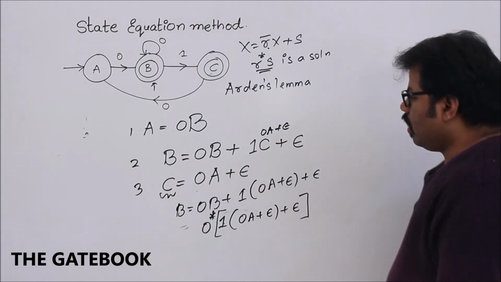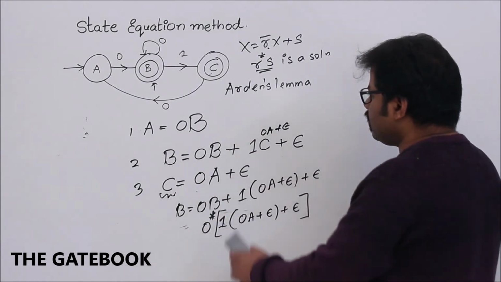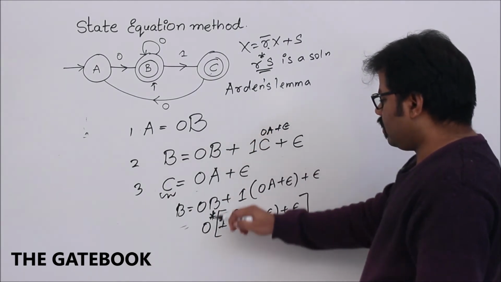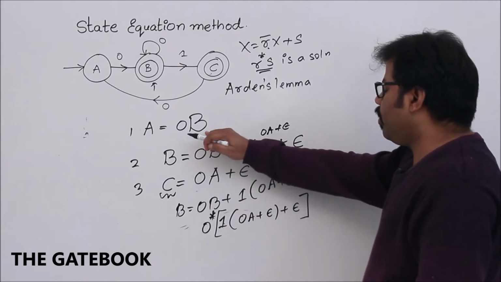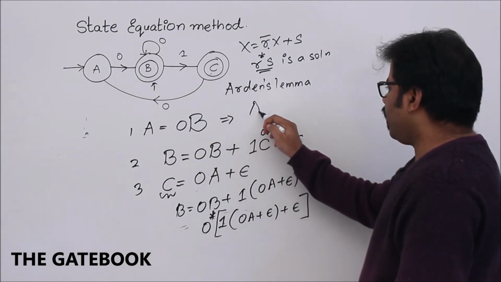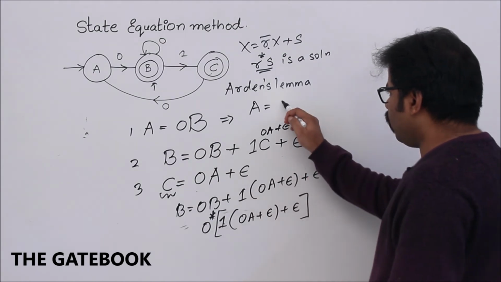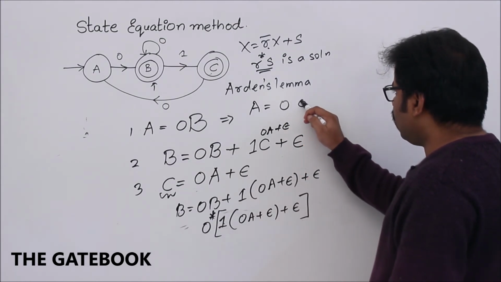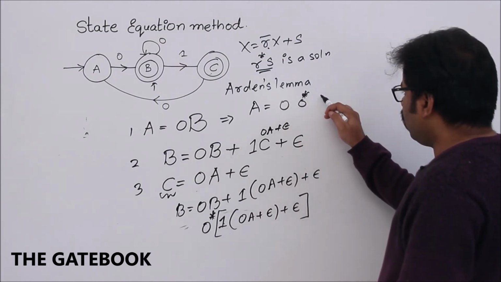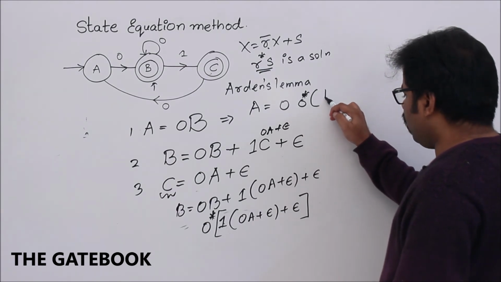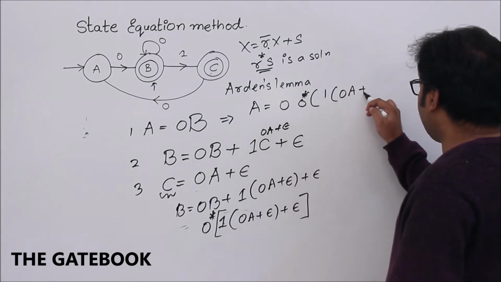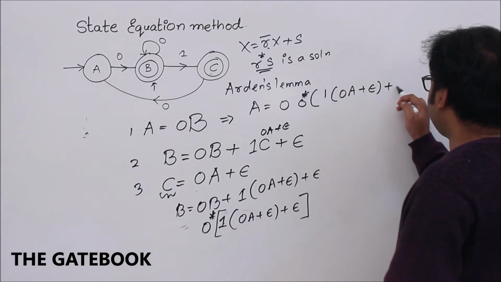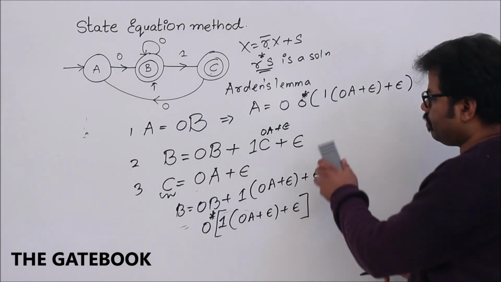Now let's go to a. In the place of b, we write this entire thing, so that I can eliminate variable b here. Then I get a equal to 0, then b which is 0 star and 1, 0a plus epsilon.